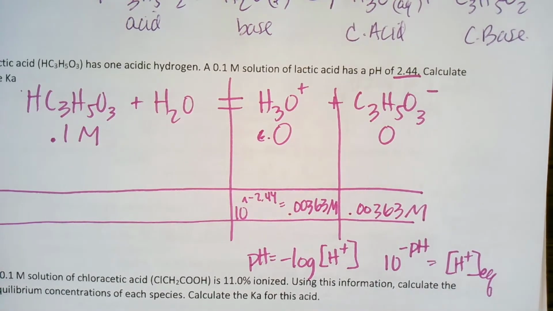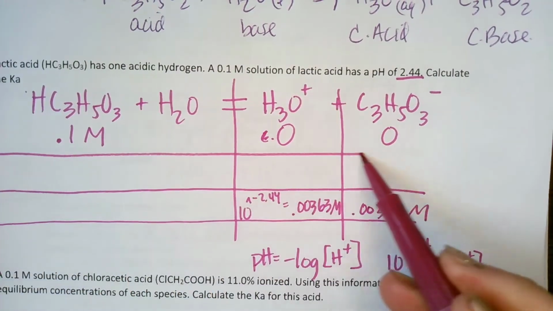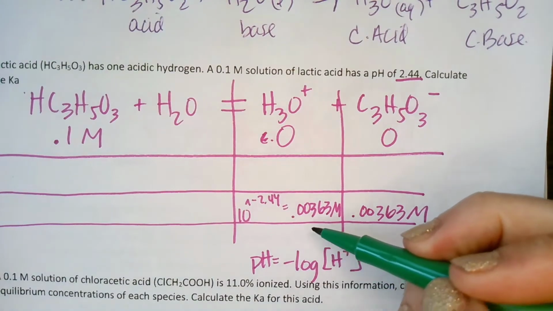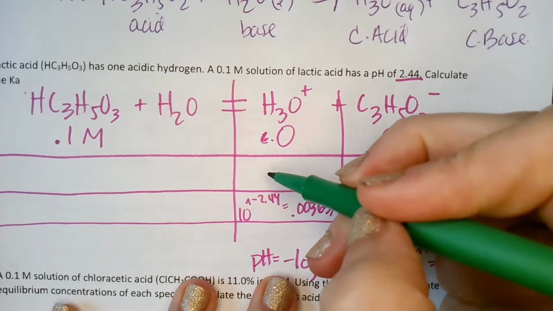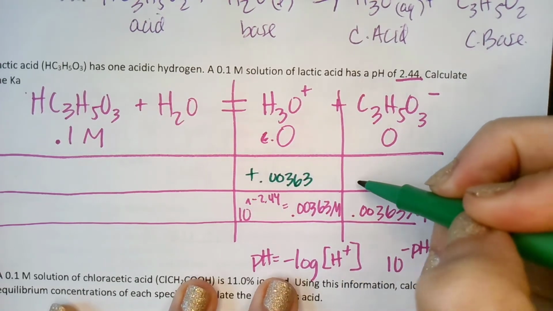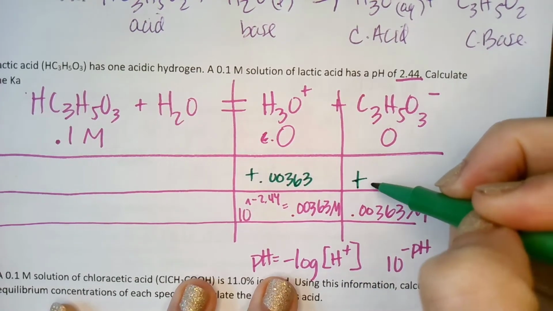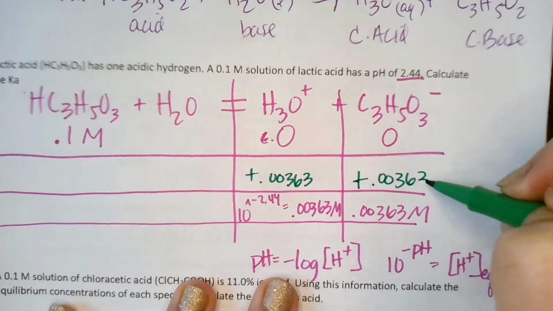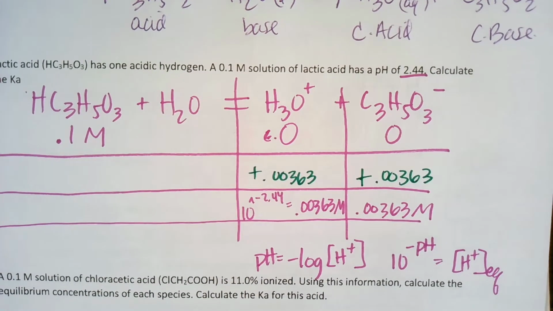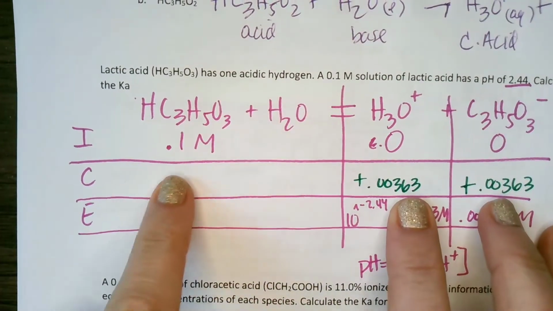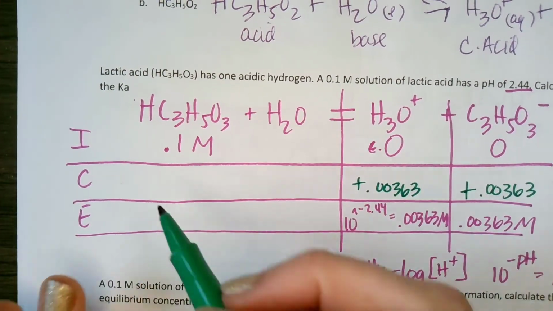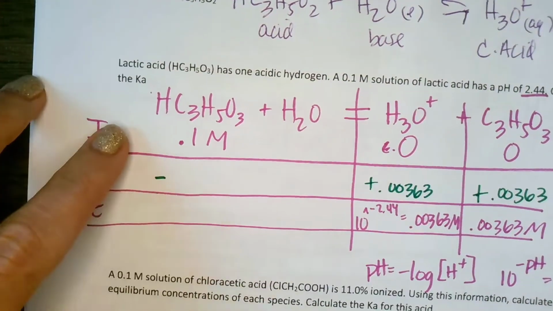And that also tells me that in order to go from 0 to 0.00363, I had to add 0.00363 to get there. And because of that, we know that this is also a 1-to-1 ratio. So while I gained this much, I also lost that much of my initial reactant.